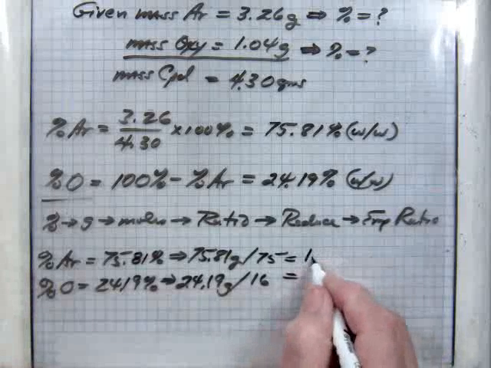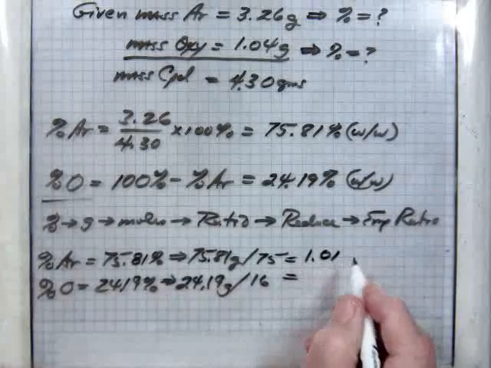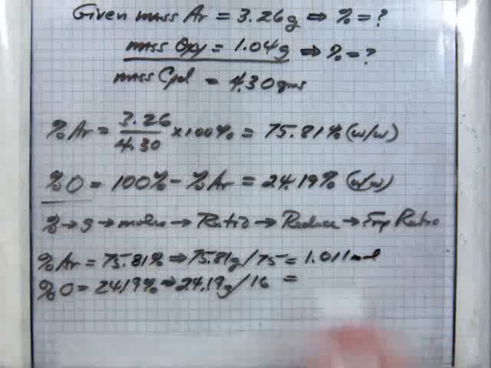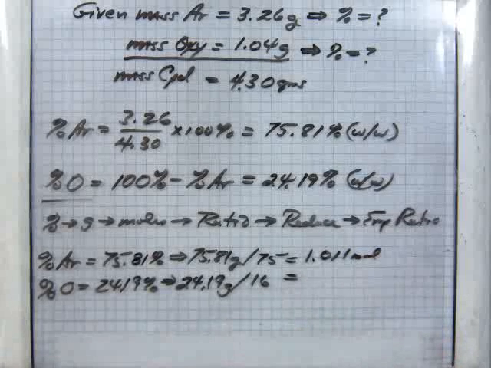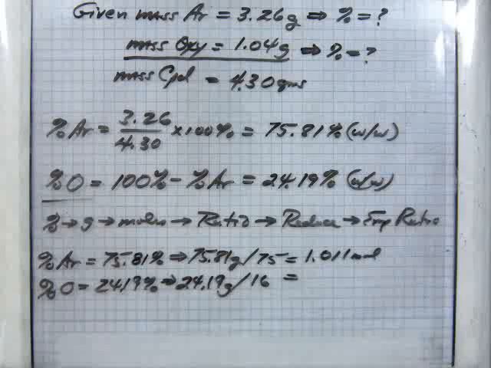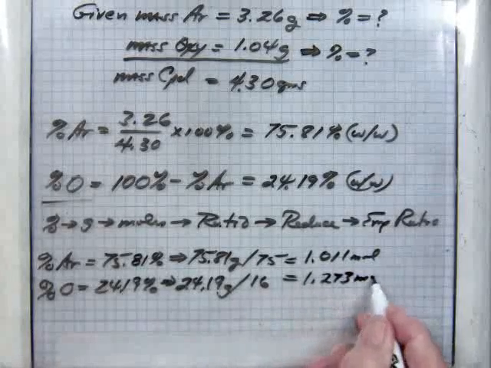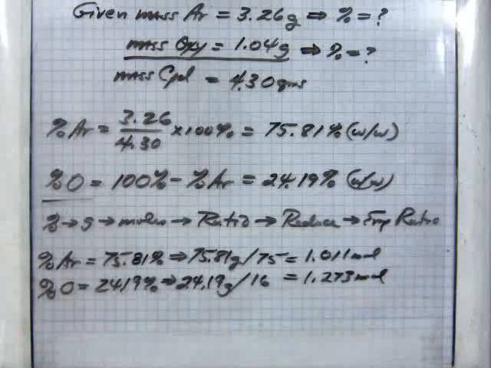So I think it is 1.011 mole of arsenic and 1.273 mole of the oxygen.